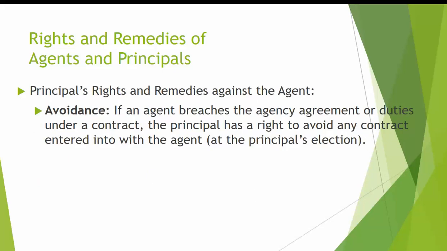If our agent does breach, the principal does have a right to avoid the contractual relationship. So if the principal sees a breach from the agent, the principal isn't forced to compensate until the matter in the suit goes forward and perhaps is settled in the principal's favor, if we find that our agent failed to complete his or her duties.